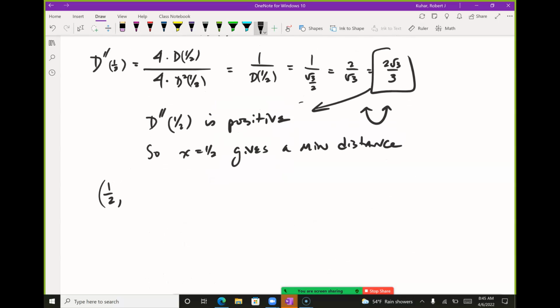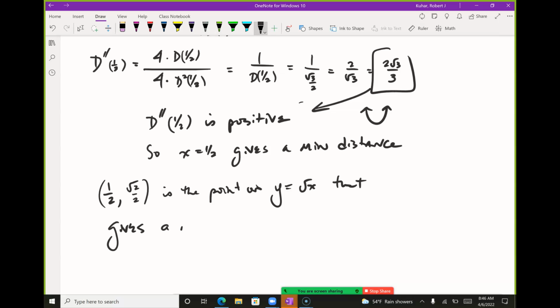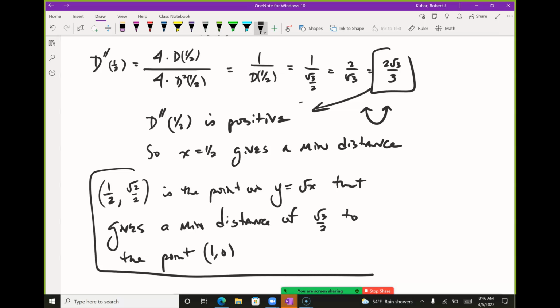So 1/2, rad 2 over 2 is the point on y equals square root of x that gives a minimum distance of square root of 3 over 2 to the point 1, 0. Here's my conclusion.